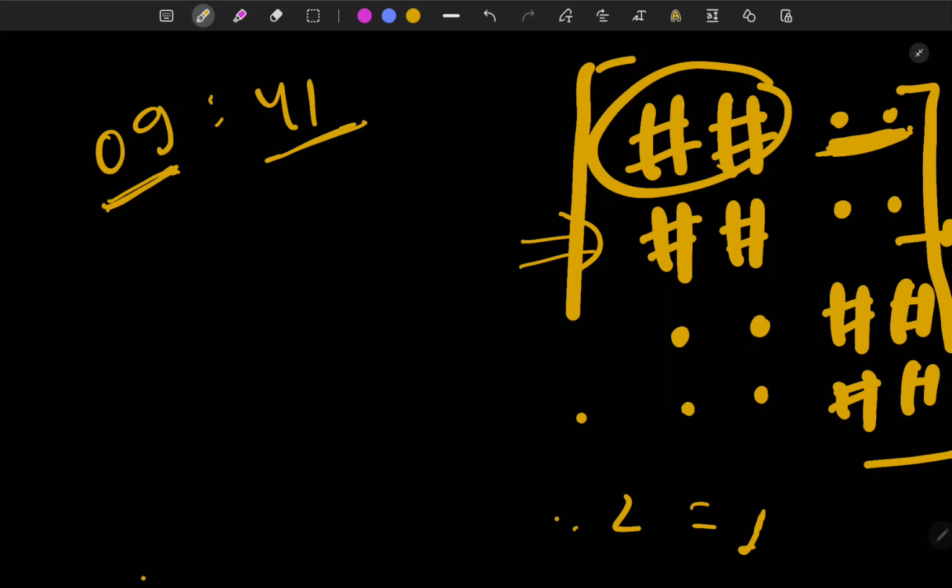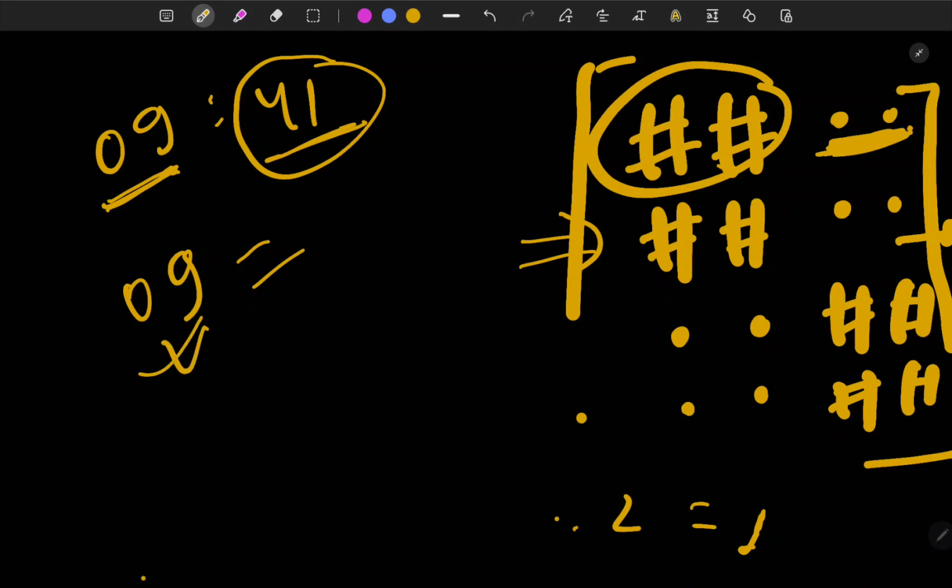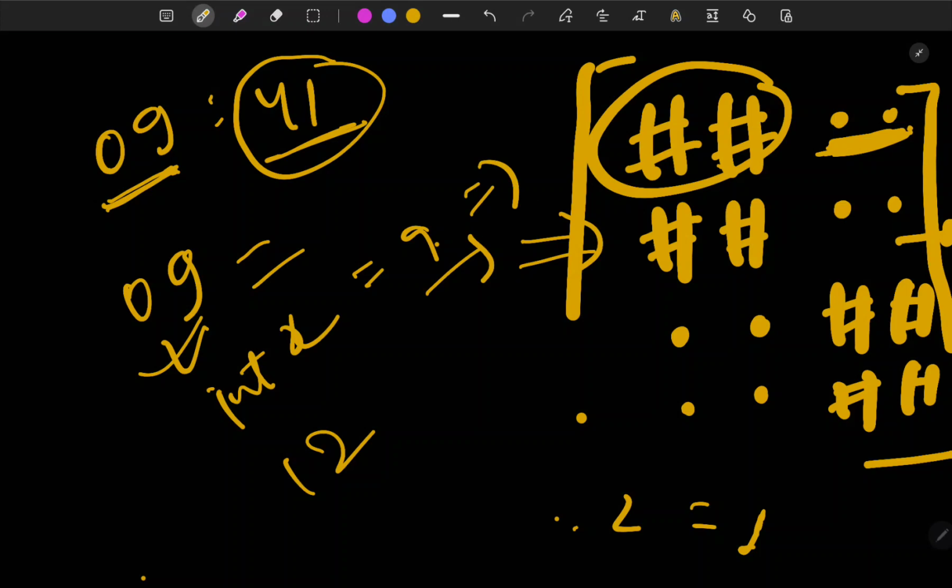The first two I was converting into an integer, so the text 09 becomes the integer 9, and then I was subtracting from 12, because I have to convert it to 12-hour format. Accordingly in this case also we have to do the same thing.